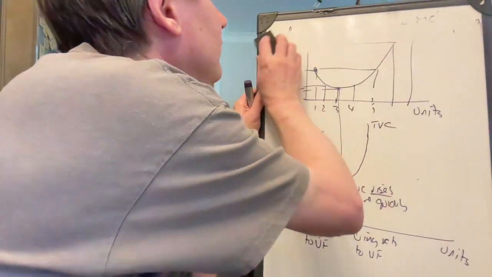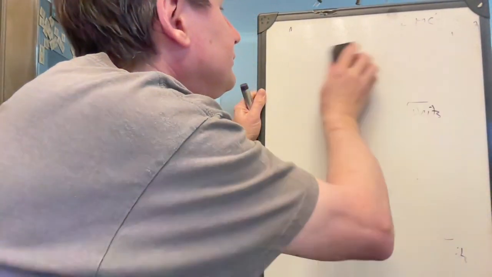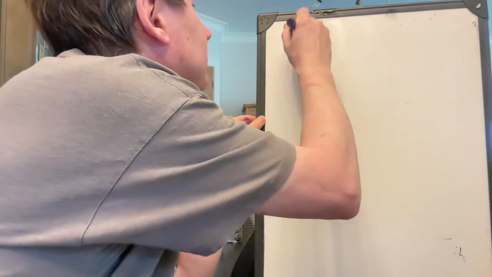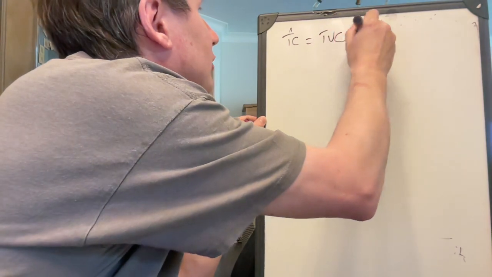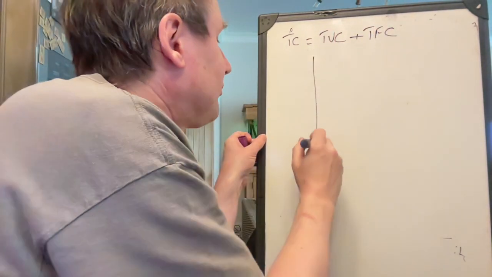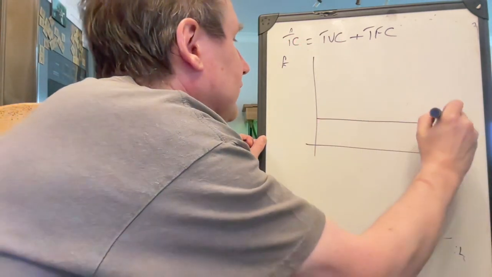So the last thing that remains for us to do here is to combine the two. We said that total cost is equal to total variable cost plus total fixed cost. So let's now combine them. If you remember from before, that's quantity, that's money. Total fixed cost looks like that.